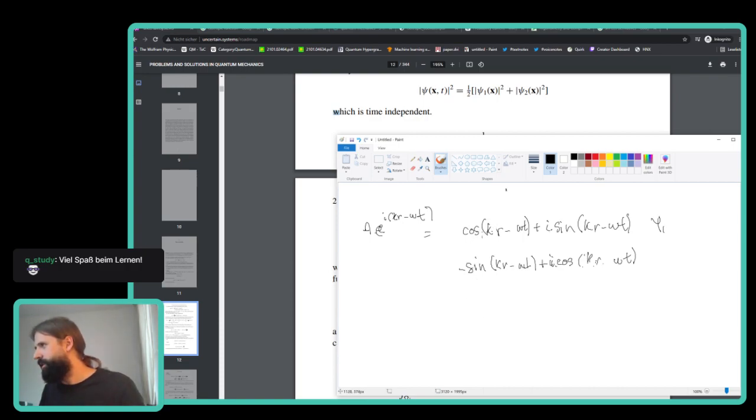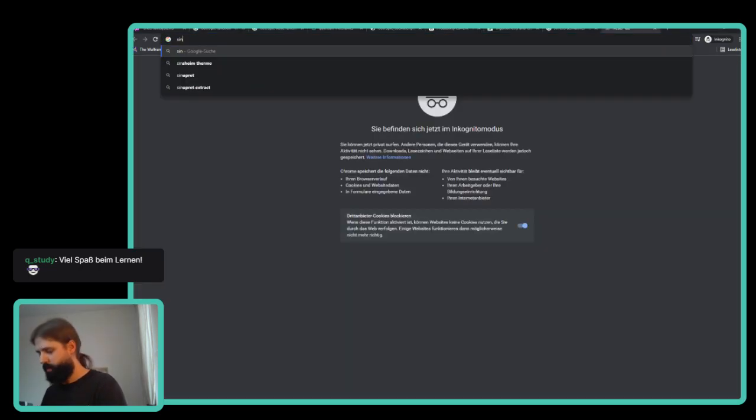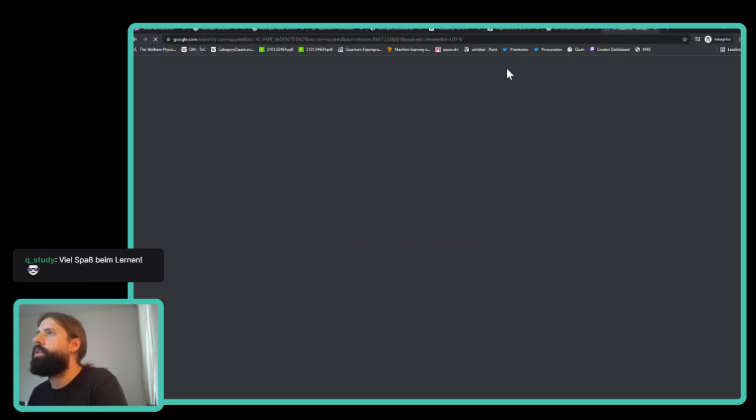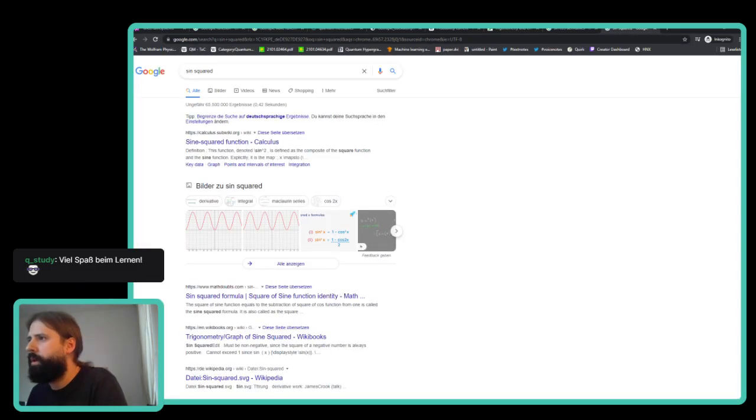These times these, and these times these, like cosine squared, and then sine squared. I think there's again another equivalent, like sine times cosine.